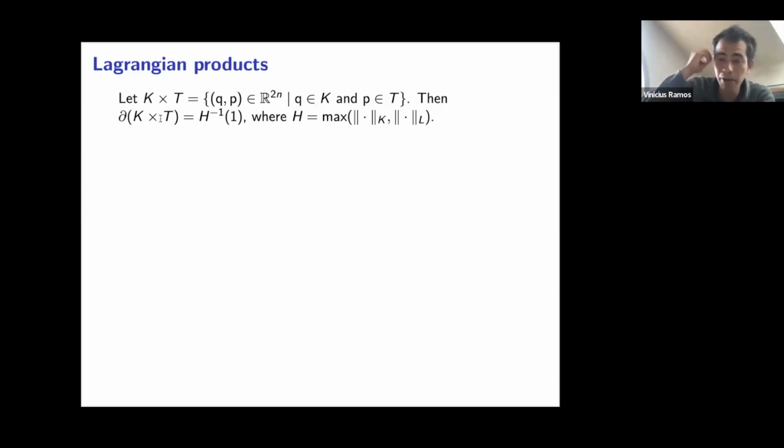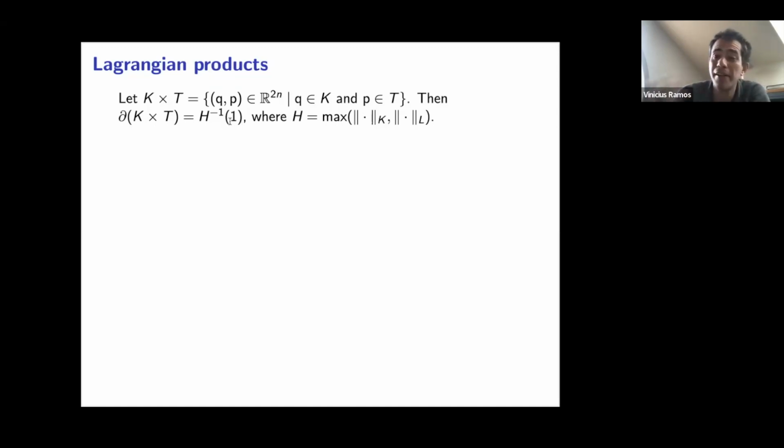So how do we find the characteristic flow on the boundary? One way is to look at the boundary of your subset as the level set of some Hamiltonian. In this case, my Hamiltonian is not smooth, so it's not ideal, but let's overlook that and see what happens anyway. I'm assuming K and T are origin symmetric to make it simpler, so they give rise to norms.